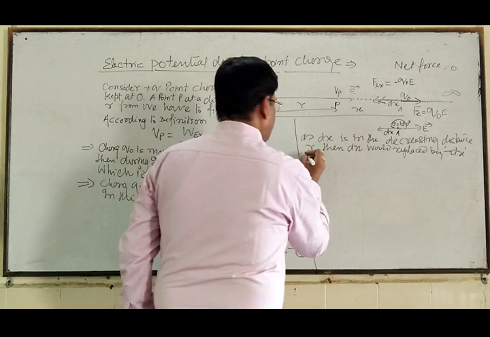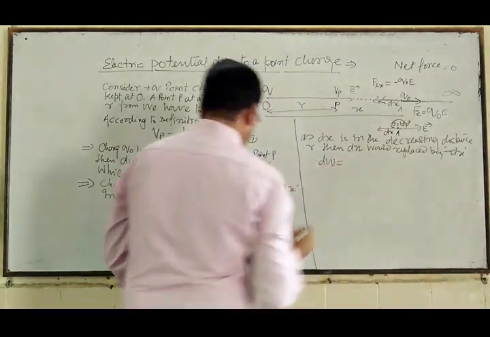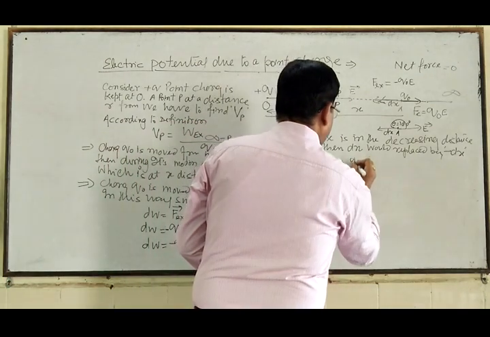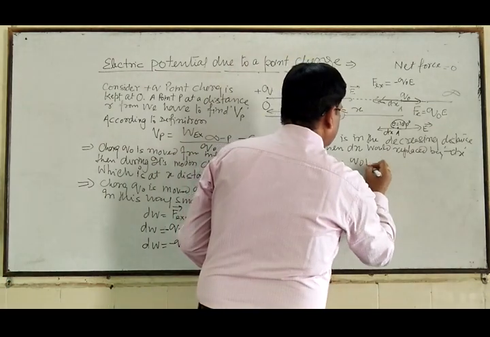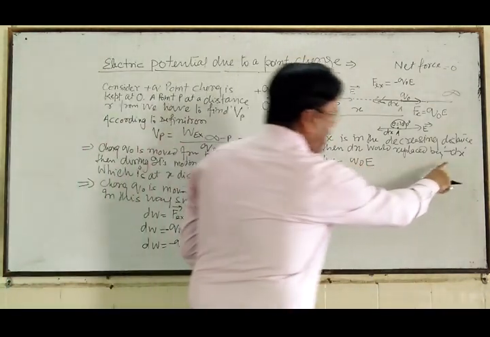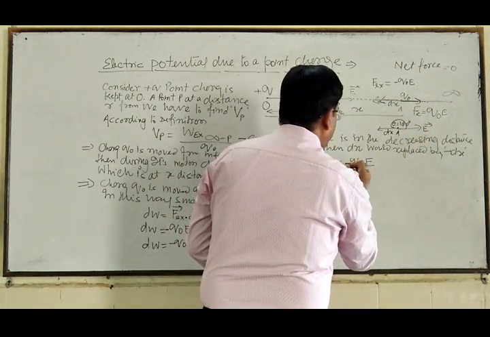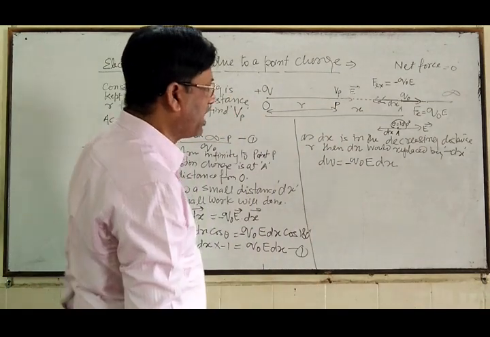So our work dW would be equal to, it is Q naught E, and this dx is minus dx, and this is what we place a minus sign here. It is dx. This work that we have got.